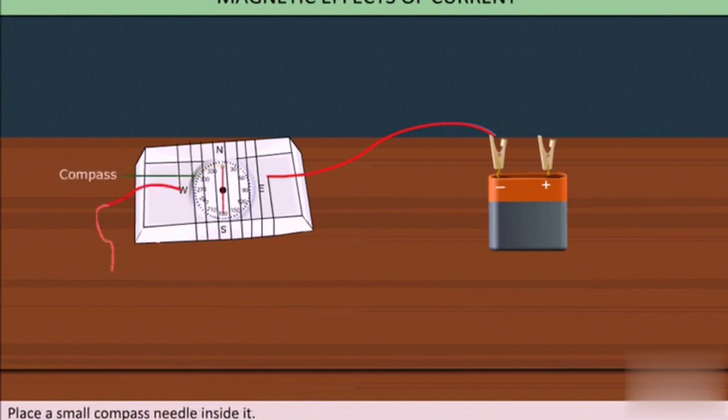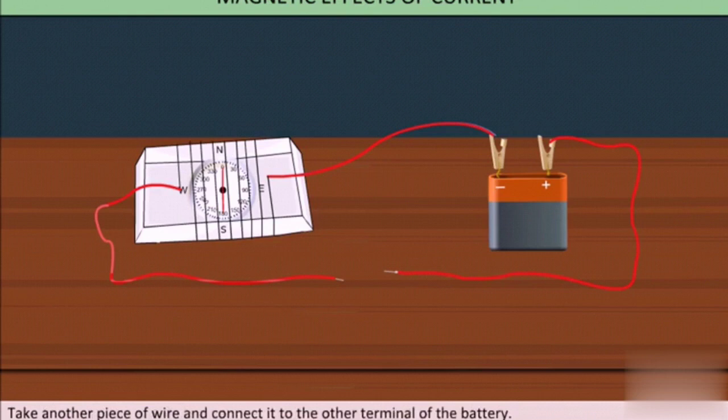Place a small compass needle inside it. Now connect one free end of the wire to the terminal of a battery. Leave the other end free. Take another piece of wire and connect it to the other terminal of the battery.